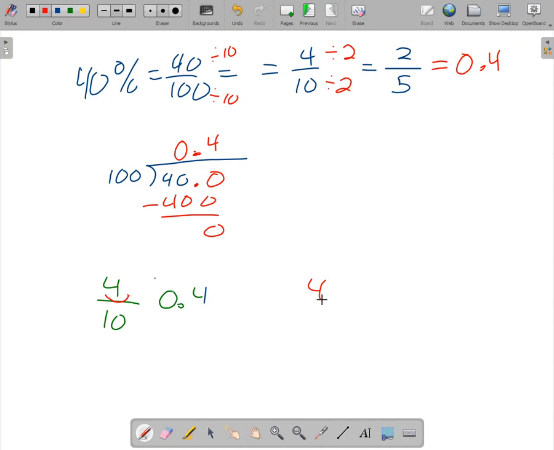I had 40 over 100. There was a hidden decimal right here at the end of 40. Where did that decimal end up? 2 places over. So every power of 10 we divide by shifts the decimal once. So here's 1 power of 10, 2 powers of 10. This decimal got shifted twice. This one got shifted once. So a shortcut to dividing by 100 is shift the decimal twice. Let's make a note of that.